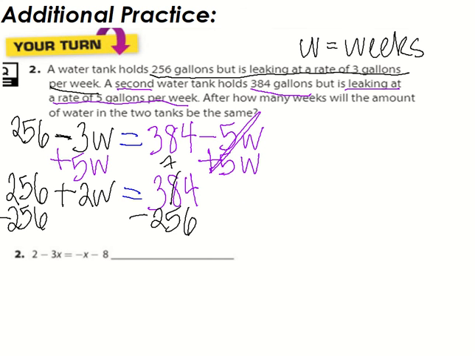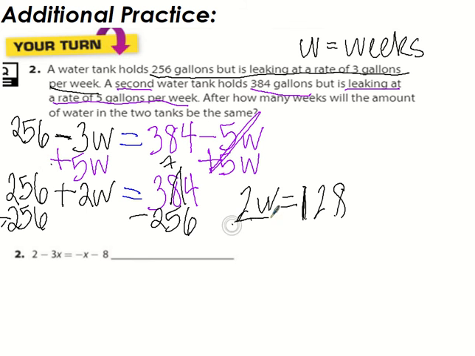So we borrow, and we get 8, 2, 1. Actually, I'm going to write that over here. We get 2W equals, was it 8? Yeah, 128. This goes away.